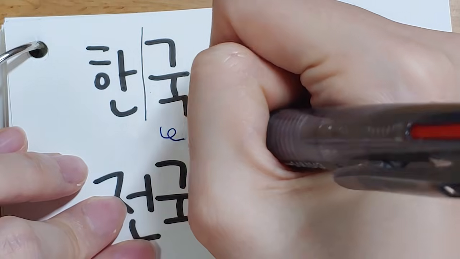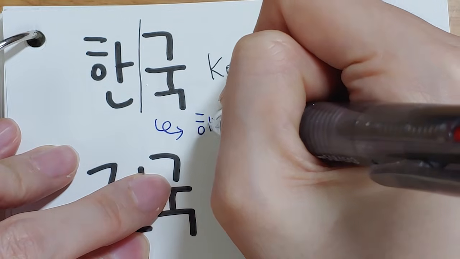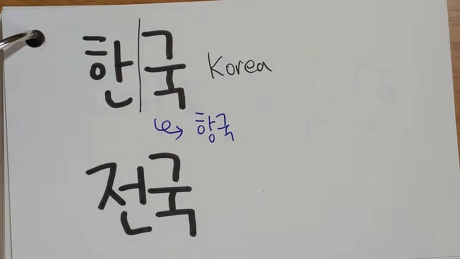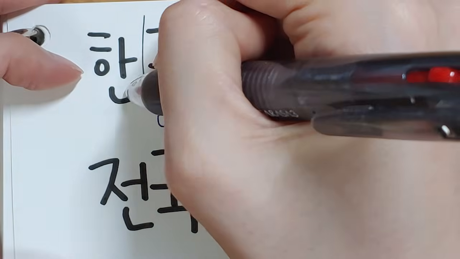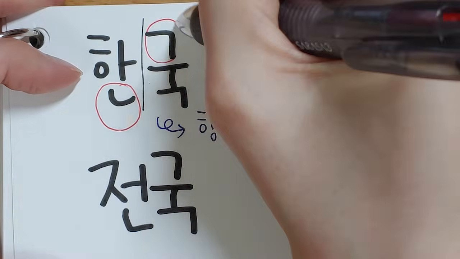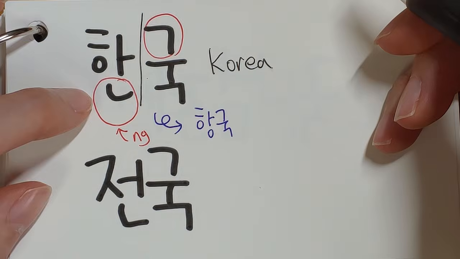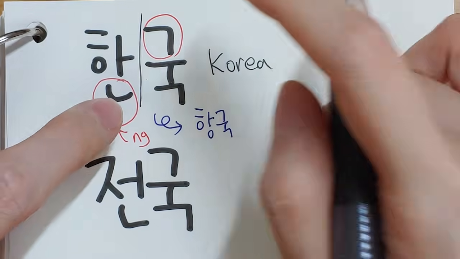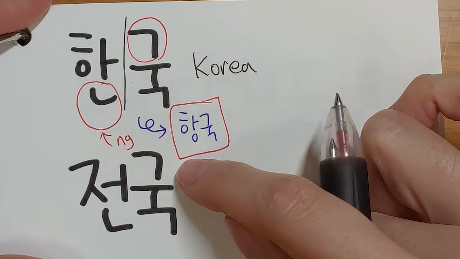But if you listen closely, you'll notice that this one sounds like 한국. And it's much easier to pronounce it that way. 한국. So this 은 sound, when combined with k sound, softens to 응 when it meets k sound. So that's why it's natural to pronounce it like 한국.